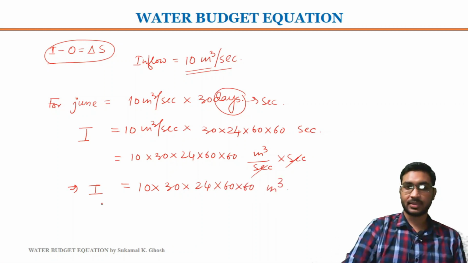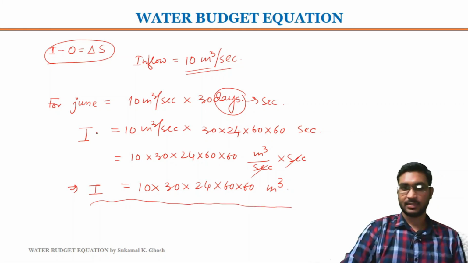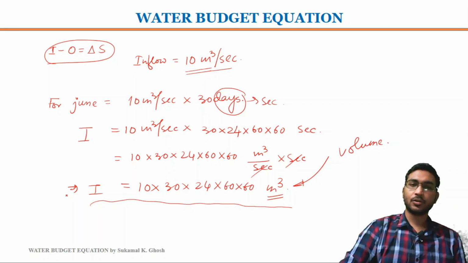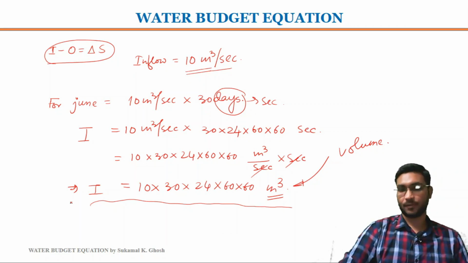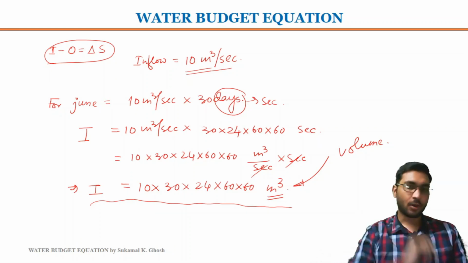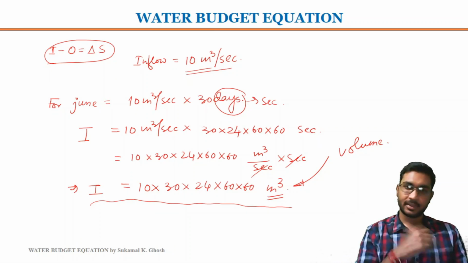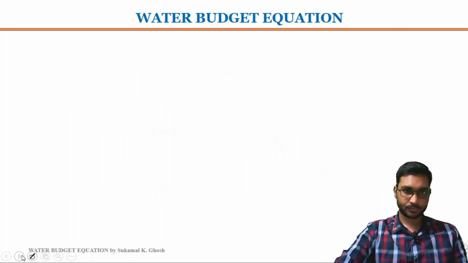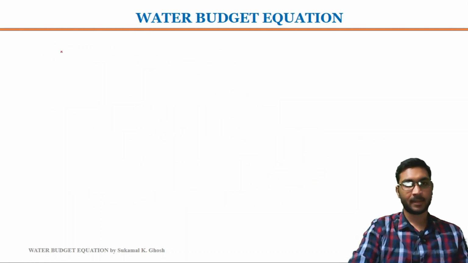This is the volume of inflow, since the unit is meter cube. If we want to calculate the depth of inflow, we divide this volume by the area, and then we get the inflow in terms of depth.